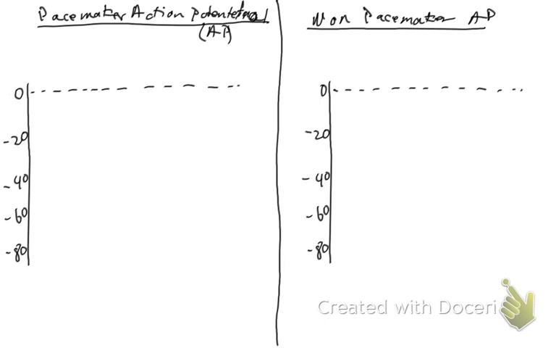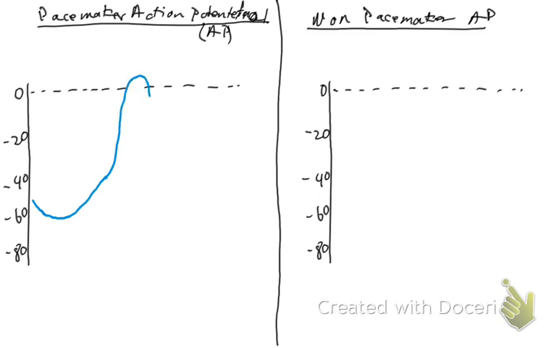How is the pacemaker action potential going to look? You start approximately here, at approximately negative 57, almost 60. You come a little bit down, you go up, and when you arrive at approximately negative 40, you go more straight until you reach 0.